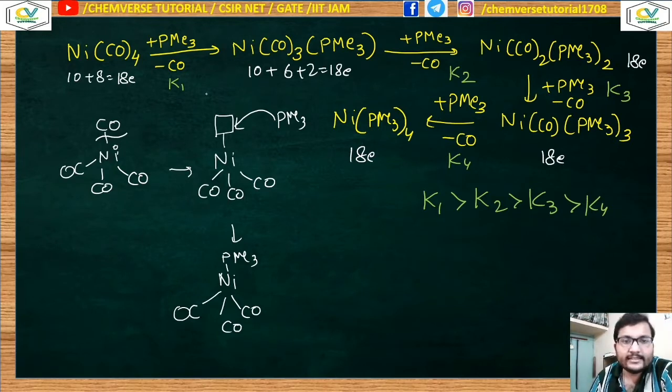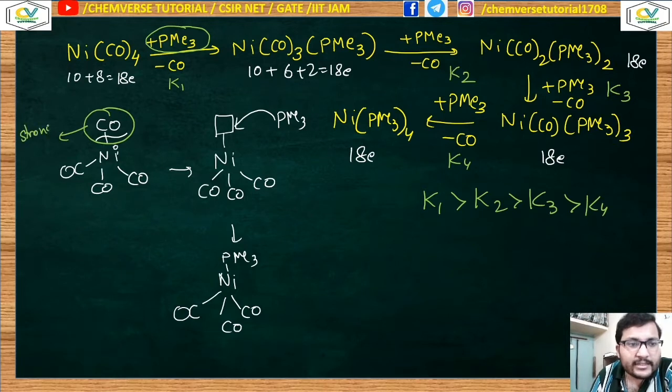The reason behind this is, if you compare PMe3 and carbonyl, carbonyl is a strong pi acceptor ligand, but the pi acceptor tendency of PR3 is very low.